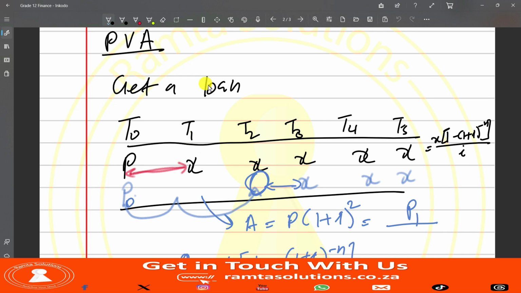But you can also give a bank a lump sum of money, and at the end of the month, the bank gives you a portion in installments regularly. Now, this is the situation of a loan. So this is you getting a loan, and this is you lending to the bank.